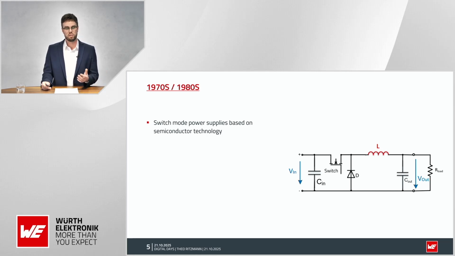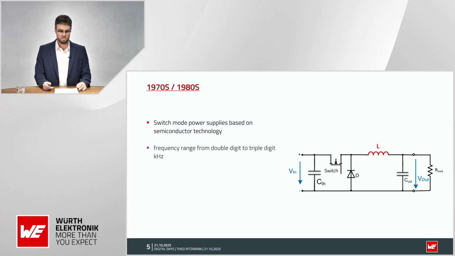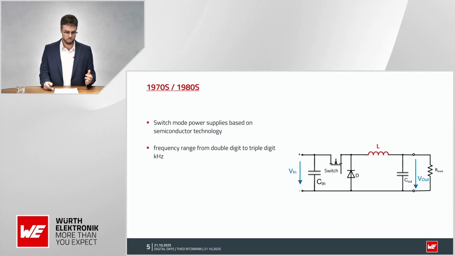Because with these kinds of topologies, you could enhance the efficiency of the whole converter extremely. But with this technology, the switching frequency also increased a lot. So we were talking here about the double-digit or even triple-digit kilohertz range. And therefore, it was clear a new solution for power inductors was needed for lower AC losses.